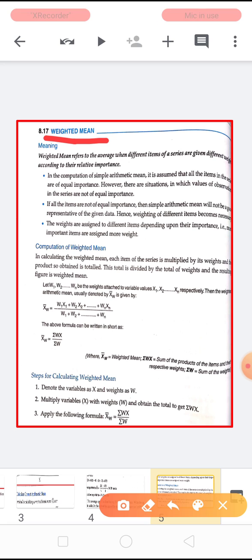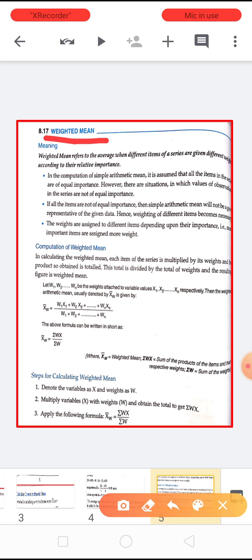If all the items are not of equal importance, then the simple average will not be a good representative of the data. So weights are assigned to different items depending upon their importance, that is, more weight is given to the more important items, with the highest weight assigned to the highest items and going down to the least values.